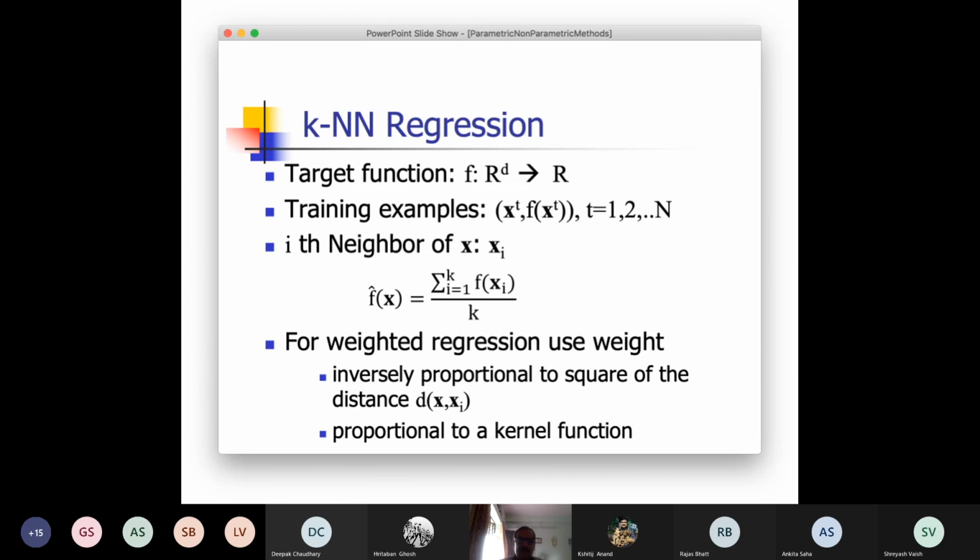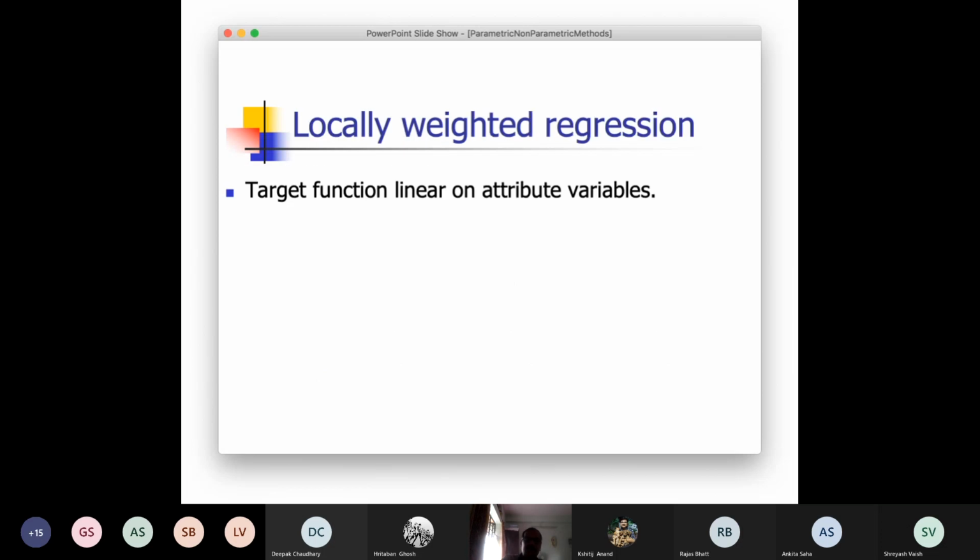So instead of specifying the distance function directly, you can use a kernel function as a weight. That is a simple way of doing regression using the k nearest neighbor principle, which is very similar to what we did for class assignment also.